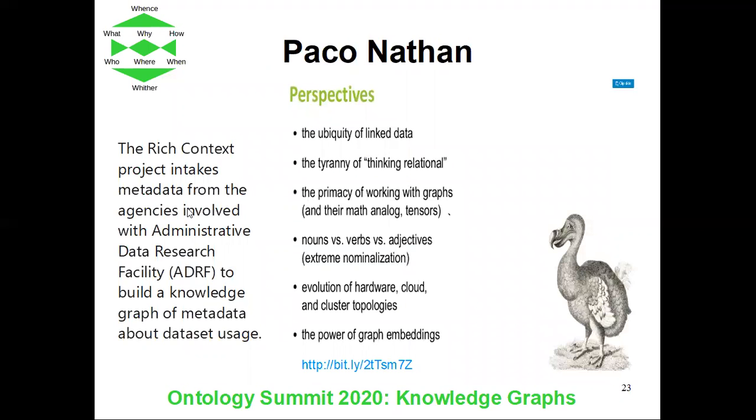This is a little bit more about Paco's work on the Rich Context Project, which, as it says here, takes in metadata from agencies involved with the administrative data to build a knowledge graph of metadata about data usage. And on the right, there are a variety of things he will talk about. He's very good at all of these things, and I particularly like his discussion of deep learning and machine learning, which he's an expert on, applied with knowledge graphs.